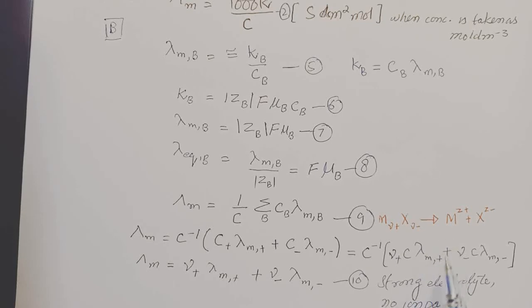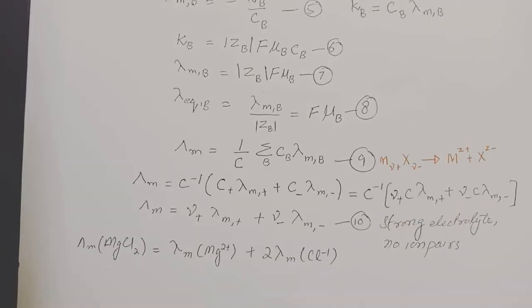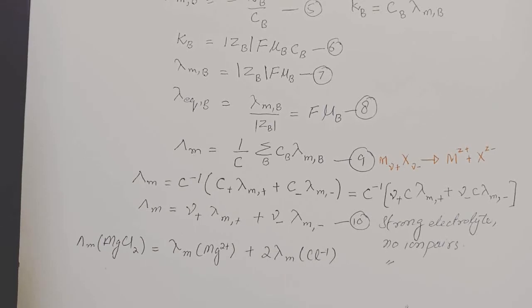So alternatively we can say that all this paired species have been dissociated into these kind of ions. For example, for the case of magnesium chloride, this equation is showing that there are no ion pairs. That is again for strong electrolyte.